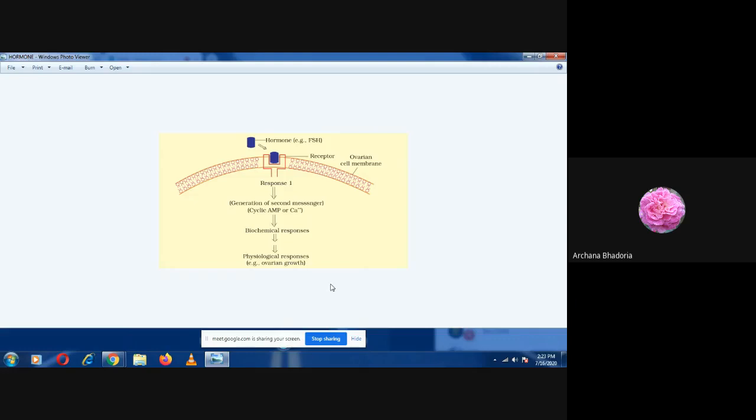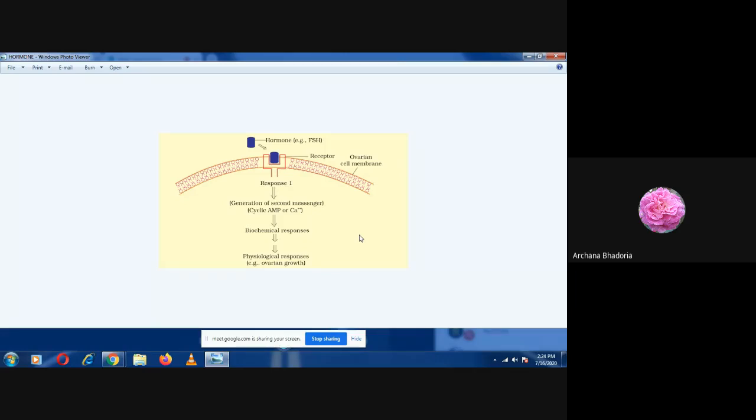Yes, correct. It is the diagram which is telling us the steps involved in the mechanism of action of the proteinaceous hormones. So now I want everyone to write it in the notebook. Mechanism of action of protein hormone or proteinaceous hormone.